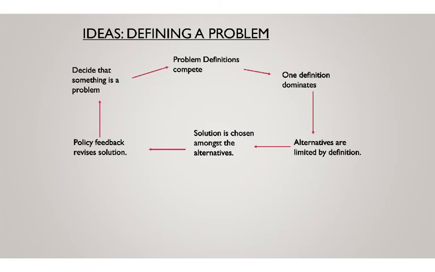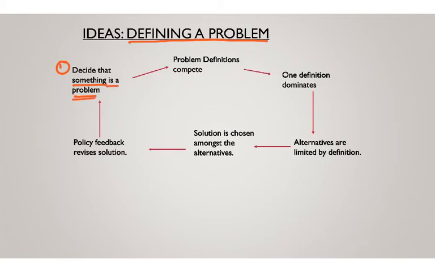So I would break down the policy process by first talking about the problem definition part of the policy process. Defining the problem, or the problem definition part, involves the following steps. First, there is a decision by society, by a number of persons, or by an influential member of society, that some phenomenon is a problem.